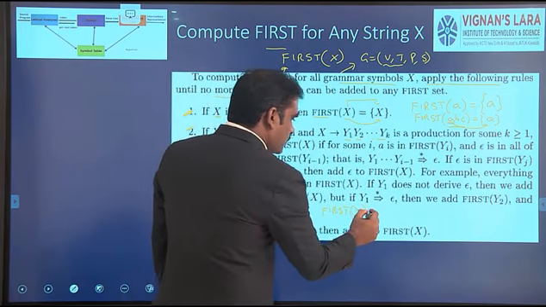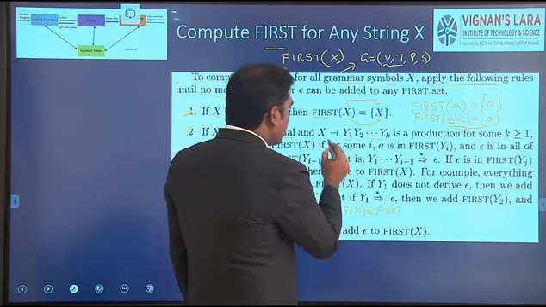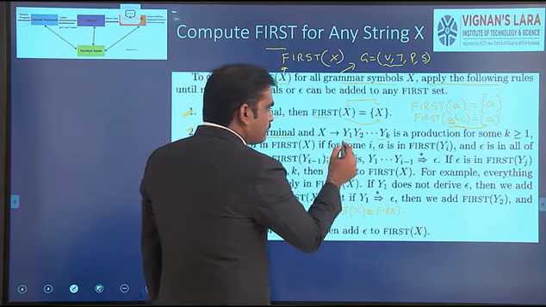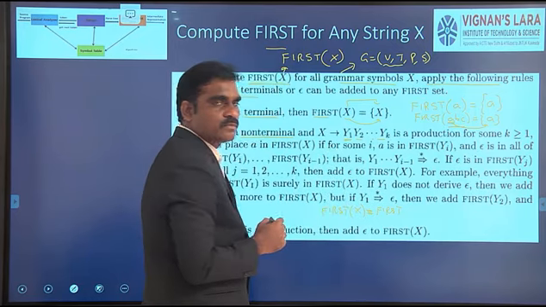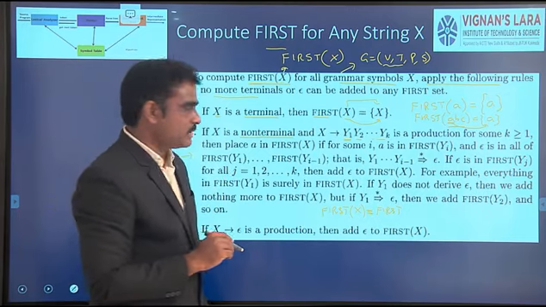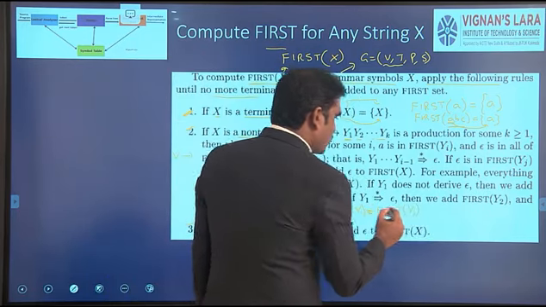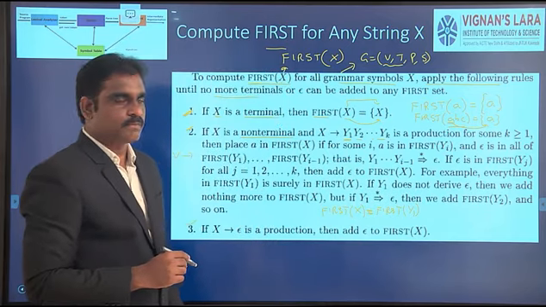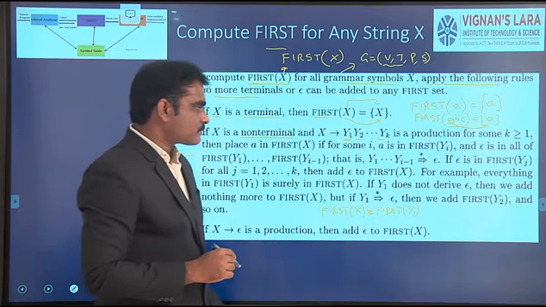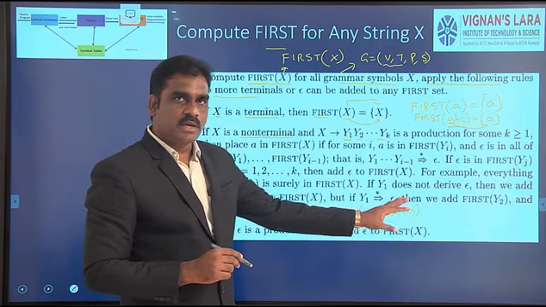So you have to compute first of x. On the right hand side, what is the first input symbol? y1. So we have to compute only the first symbol. Suppose y1 is again a non-terminal.